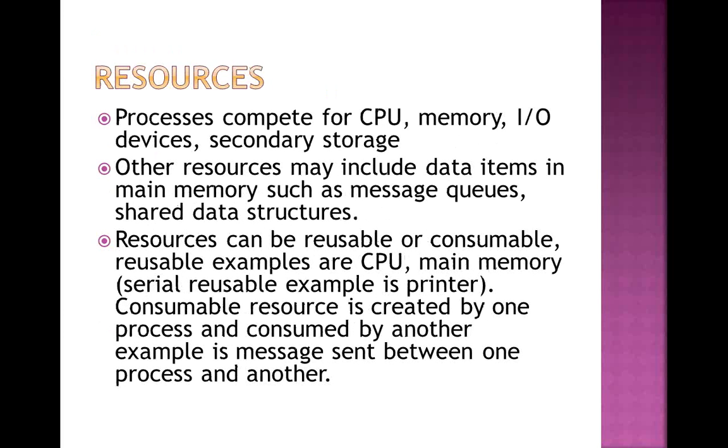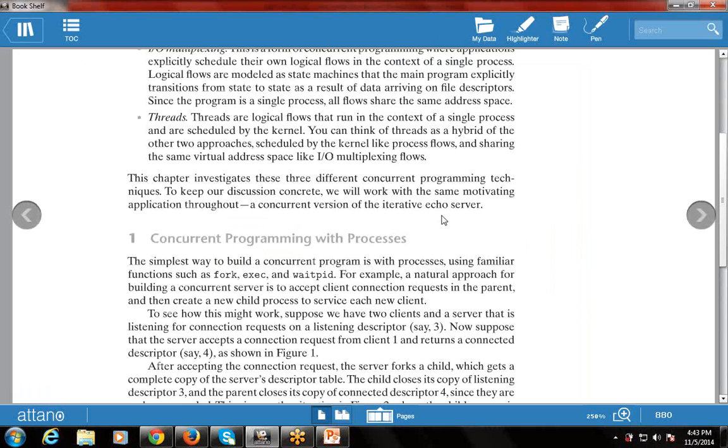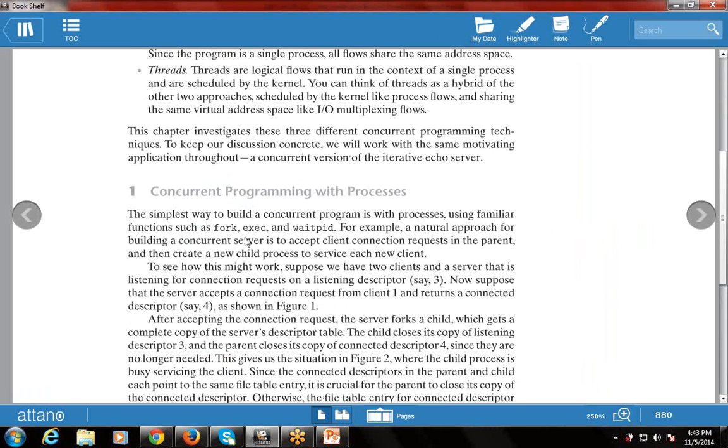Now, what are the resources that are used for concurrency in a process? First of all, let's go through it with the help of the book. This is concurrent programming with processes. The simplest way to build a concurrent program is with processes.